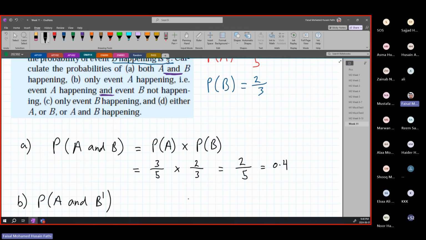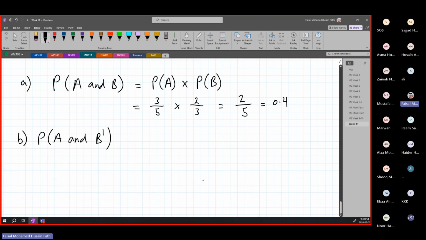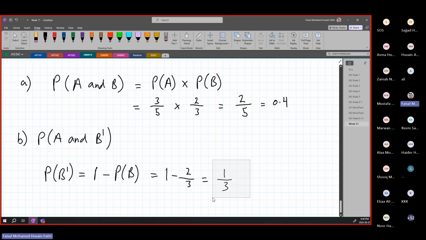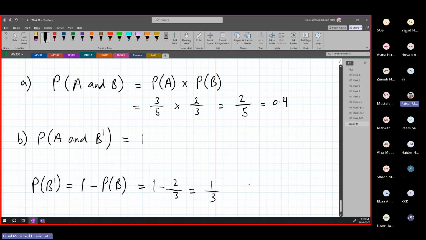So to find B prime, before we solve, P of B prime or P of B not is equal to 1 minus P of B, which is equal to 1 minus 2 over 3, which is equal to 1 over 3. So this is the probability of B not happening. So once we have already done this, now we can just apply the same equation.